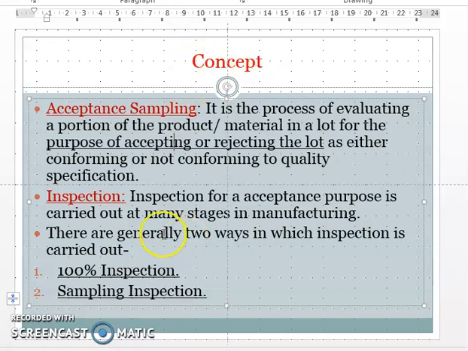Again we will see, inspection for the acceptance purpose is carried out at many stages in manufacturing, and there are two types of inspection. First is 100% inspection and sampling inspection. Recently we have seen that some developed countries, Germany, have done testing of coronavirus for the maximum number of citizens, and what we are doing, we are making a sampling inspection.